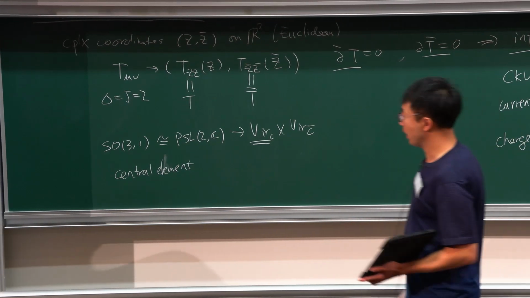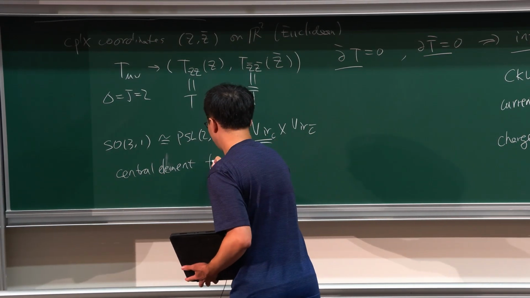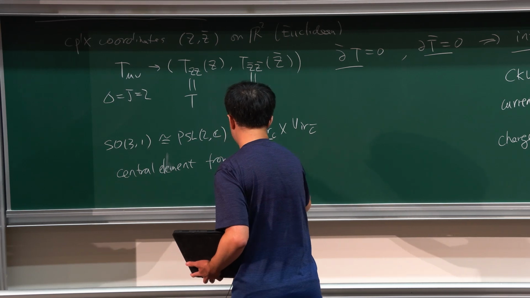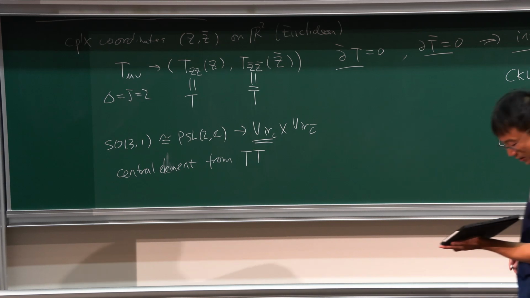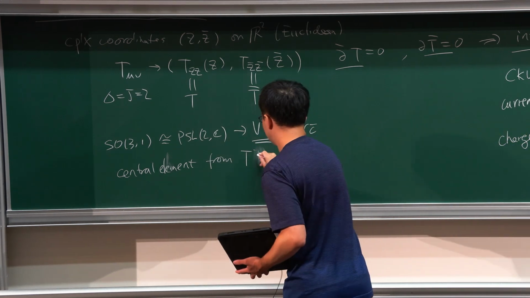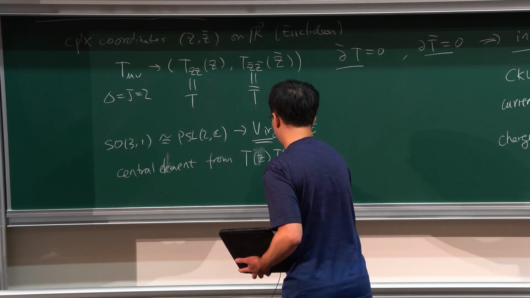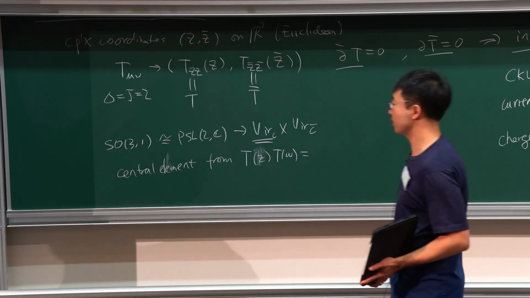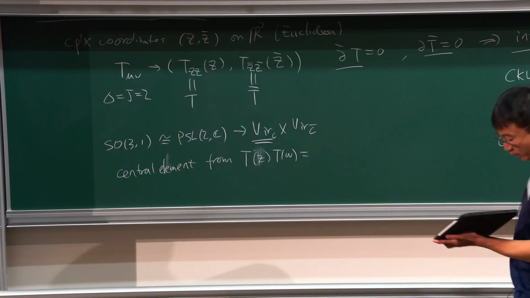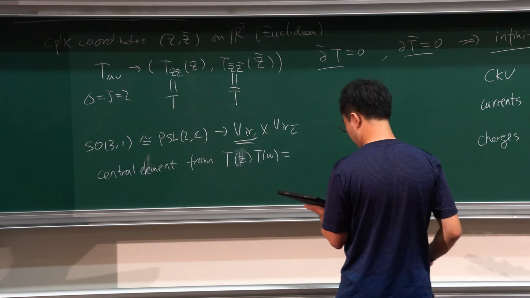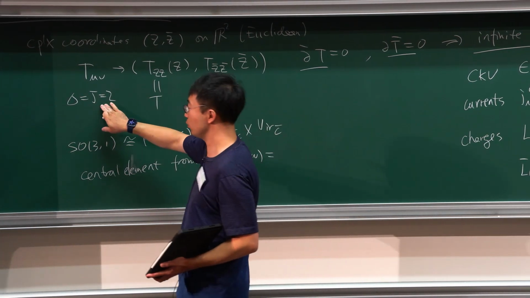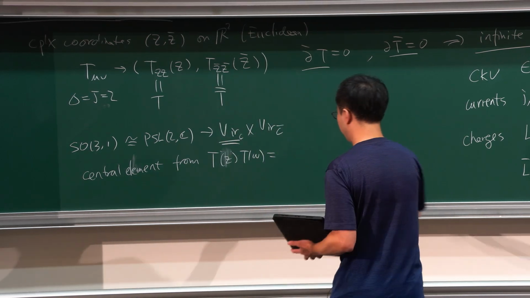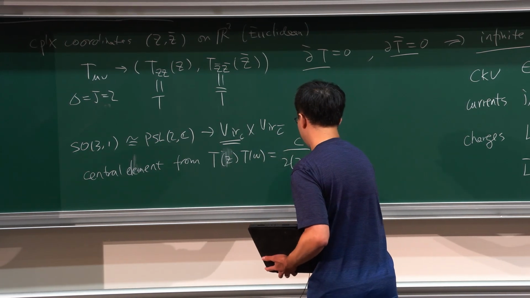This central element can be fixed by studying the OPE, the operator product between two holomorphic stress tensors T and T. And just from the fact that they're holomorphic, namely they're annihilated by the anti-holomorphic derivative, together with the fact that they have dimension 2 and spin 2, you can fix the OPE to be of the following form.